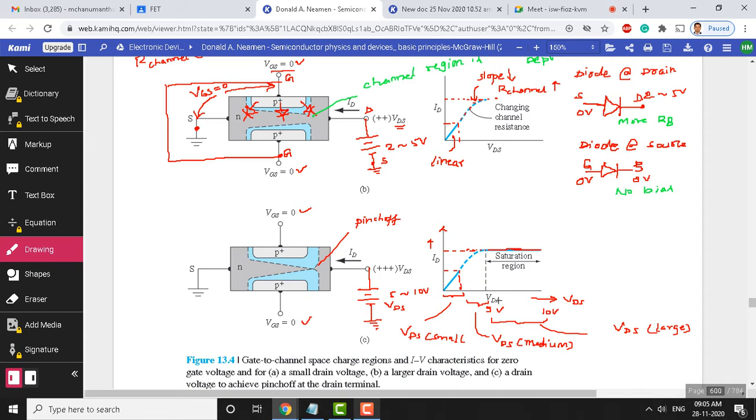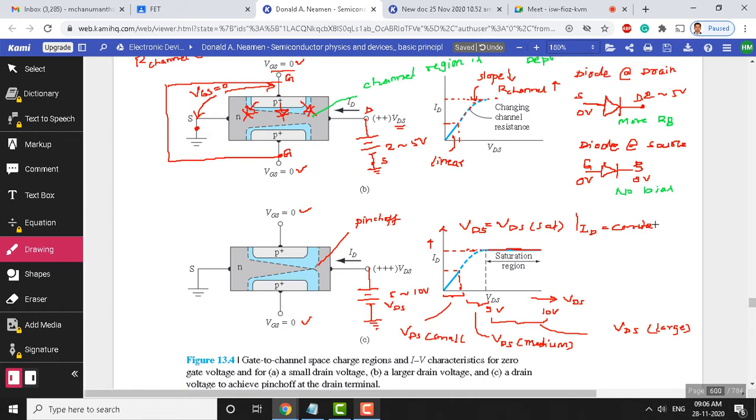The VDS at which the current becomes constant is called VDS sat, the drain source saturation voltage. For VDS equals VDS sat, ID becomes constant.